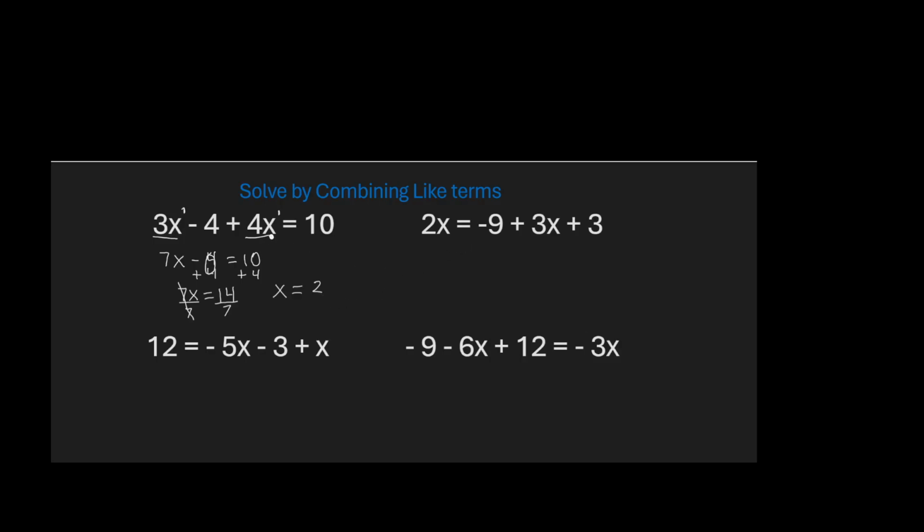Well, here we combined two numbers. They are on the same side of the equal sign. Now, the next one, we're going to do the same thing, but now look, this is -9 and +3. We are going to be combining two numbers without variables.